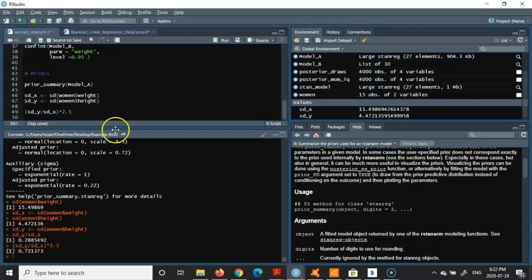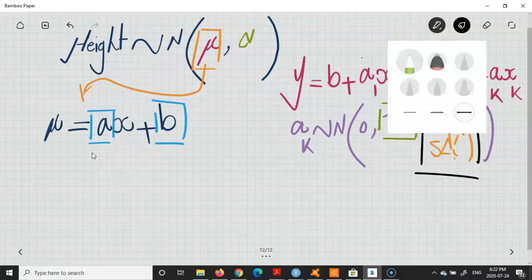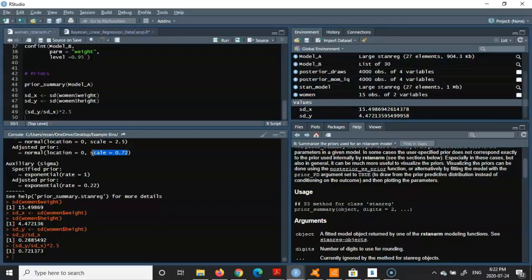And you see that's the value we got from this one here, the scale, which is now 0.72. Sorry, I had to erase this one, and it has to be SDY by SDX. As we did over here, now we have the scale reduced to 0.72, and that's how we see that our prior is now adjusted.